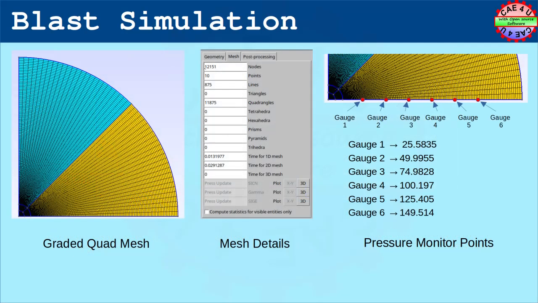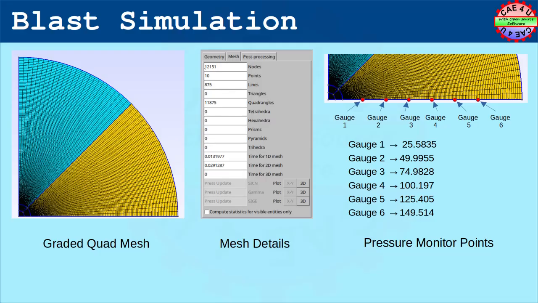A graded meshing strategy was used to have dense mesh at areas of interest. As we see in the mesh statistics, about 11,875 first order quad elements were used. The mesh is almost instantaneously generated based on the given settings.